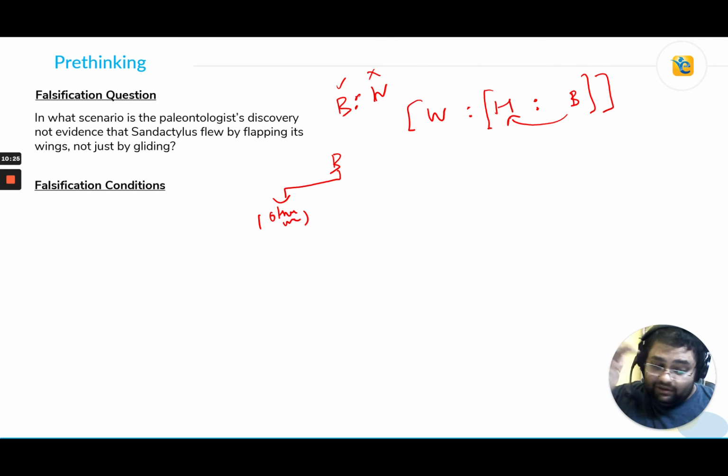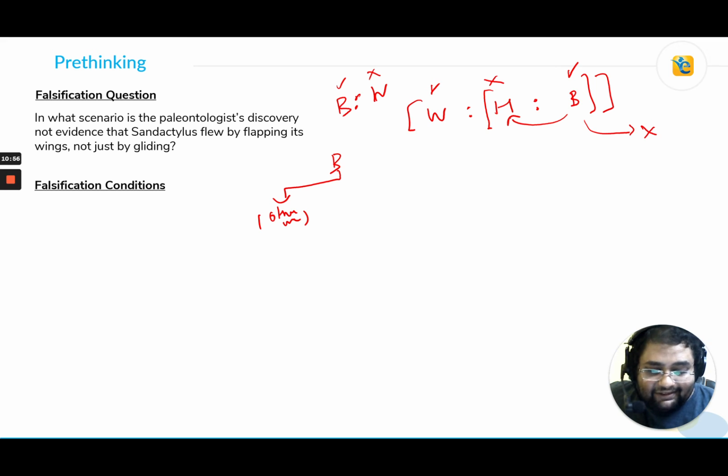If that is the case, then the author still cannot say that the discovery of blood vessel network is proof that Sandactylus used to flap its wings for flight, because this chain gets broken. That's one condition that I can think of.